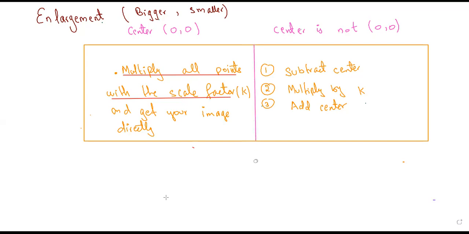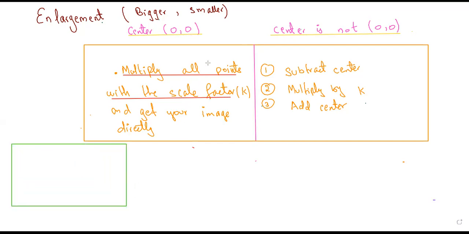Now please pay attention, all of you. We have two scenarios. Either the center is 0, 0, or the center is not 0, 0. Let's see how things vary from question to question. I am going to write down the question and let's see what happens in that case.